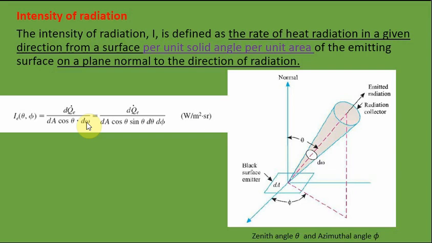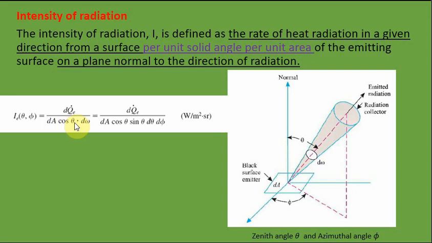That means, if dA is the area of the surface from which the radiation is emitting, and this is the direction we need, the emitted radiation where we are focusing, the dotted line, then on the surface on a plane normal to the direction of radiation, here it is dA cos theta.